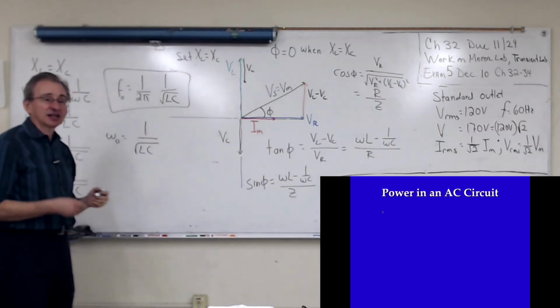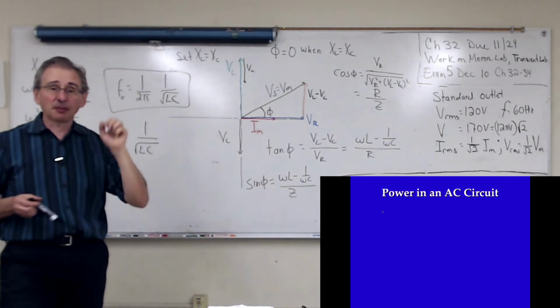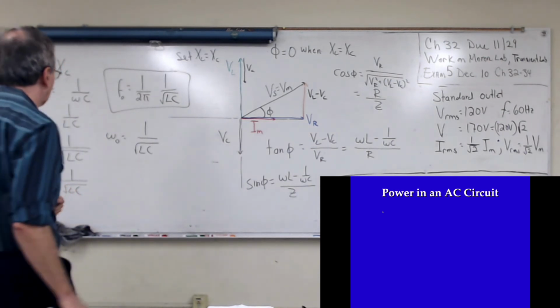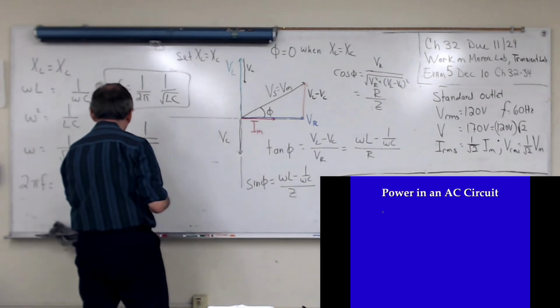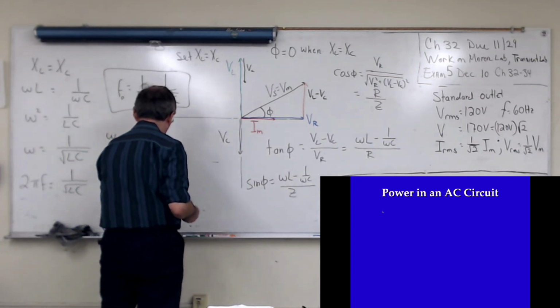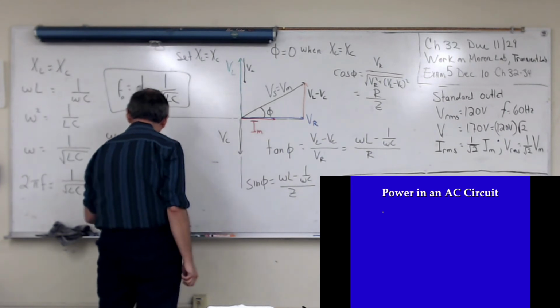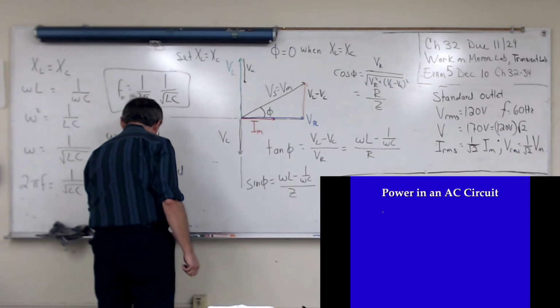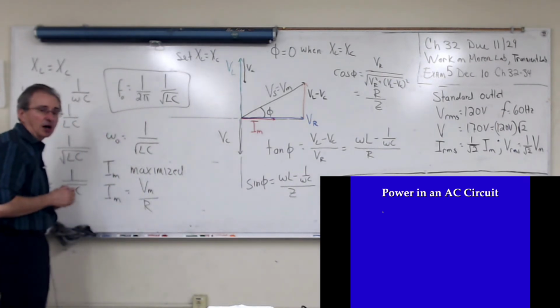This is where the phase angle is 0, and that's where you get maximum current in your circuit. Okay? And the current is just V sub m over R.